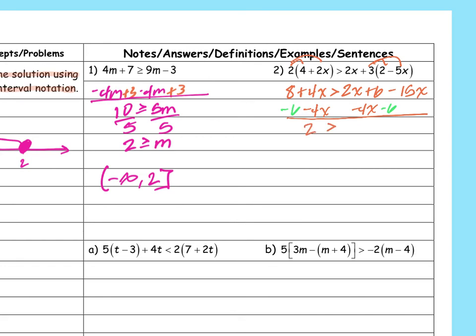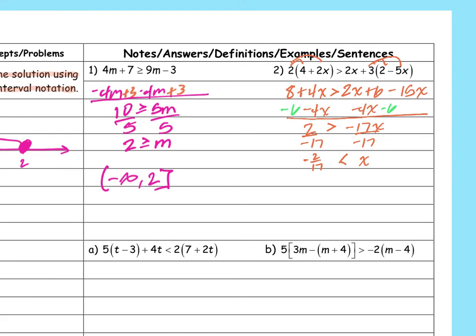So I think I'm going to get 2 is greater than negative 2, negative 17x. Divide by negative 17. So x is going to be greater than negative 2 over 17. I divided by a negative number, so my sign flipped direction. So it was greater than, now it becomes less than. My sign changes directions.